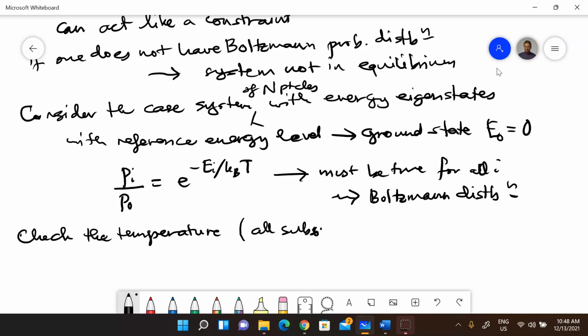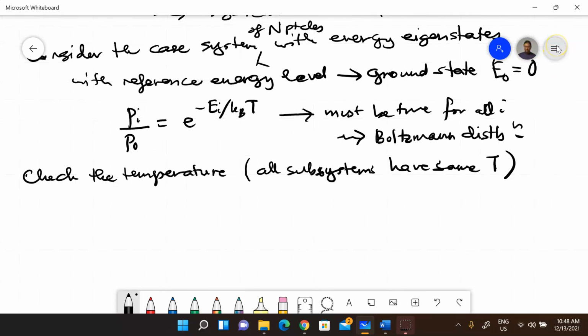All subsystems have the same T. And how do you get this T? By inverting this particular relative probability.